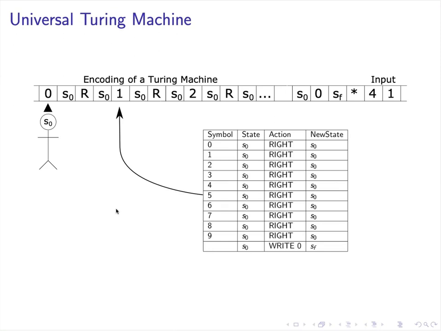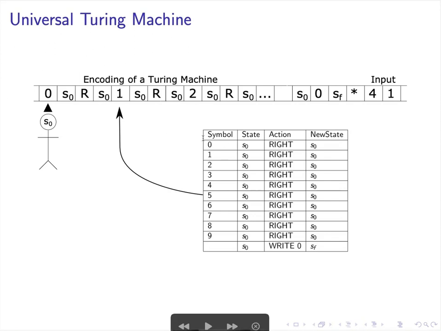So basically, the idea of the universal Turing machine is that the programs that we have can be encoded themselves in the tape of a Turing machine, right? We can take this program, which has a very regular, nice structure, and we can encode it on the tape of the machine.